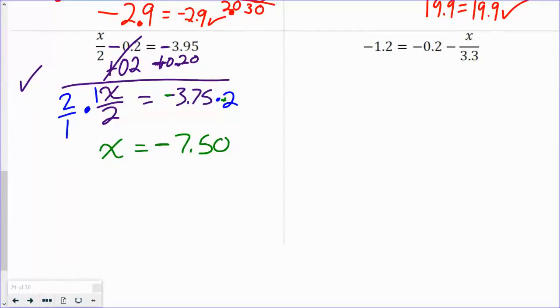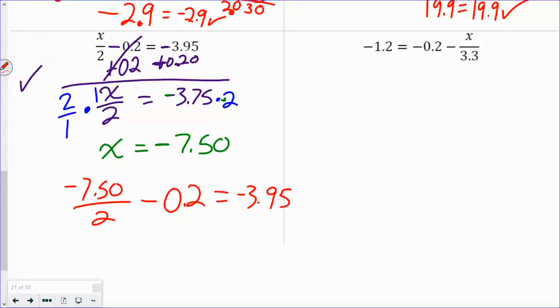Then let's check our work. What we know is negative 7.50 divided by 2 minus 2, negative 2 tenths is going to equal a negative 3 and 95 hundredths.